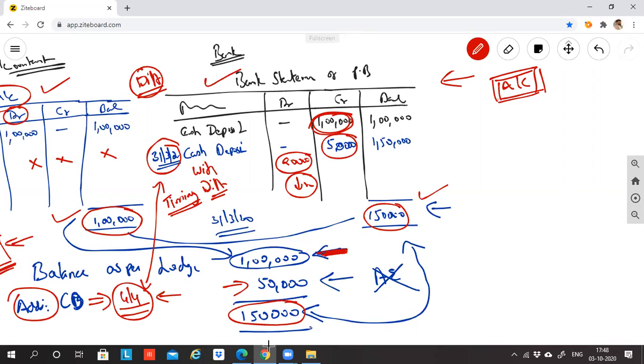Out of 1,50,000, you withdrew 20,000. So in future, you can demand only 1,30,000 rupees from the bank. The liability is reduced from 150 to 130 because of this 20,000 you already withdrew. So to decrease the liability, the banker will debit the amount, and to increase the liability, the bank will record the money in the credit column.